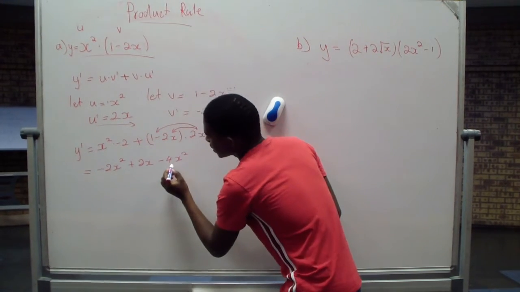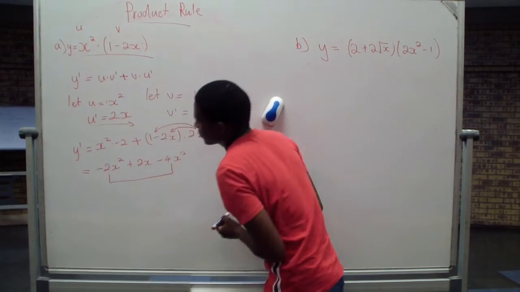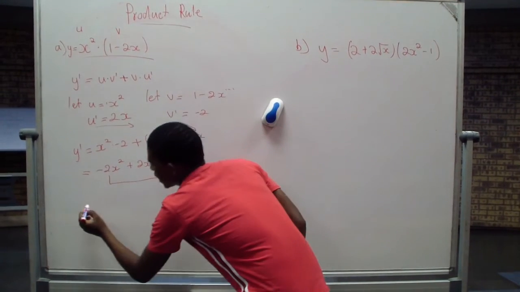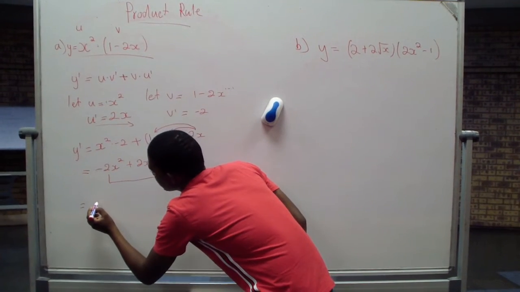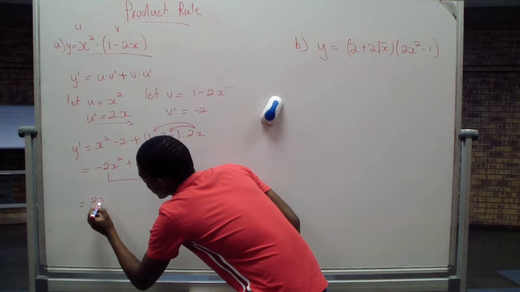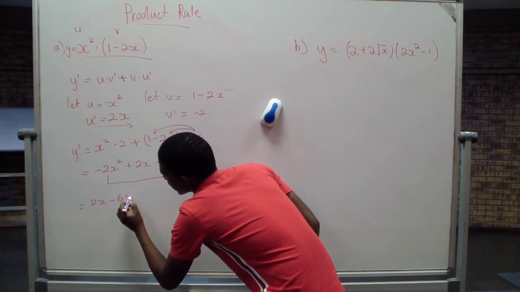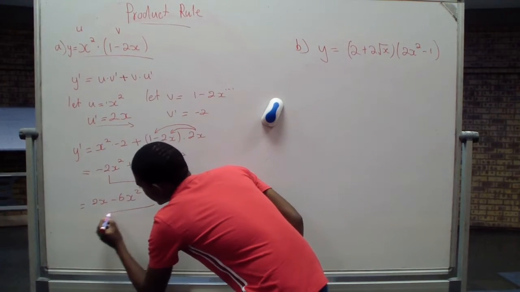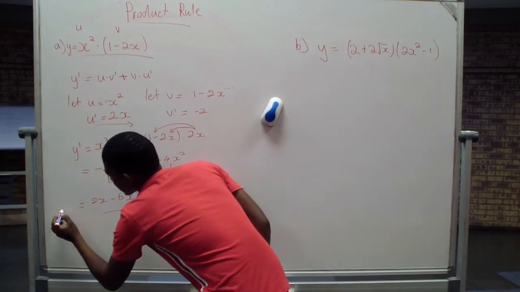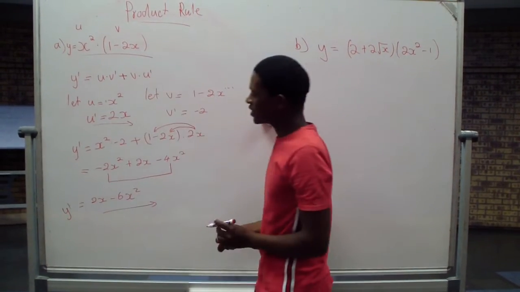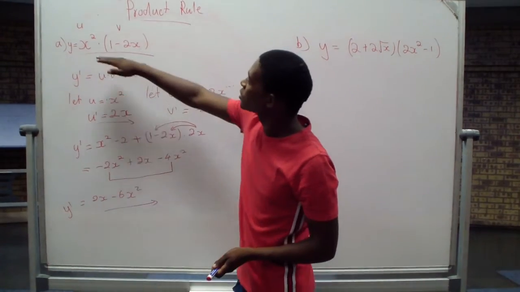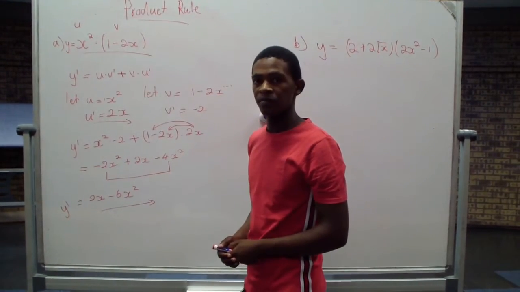Then, if you could see, here I'm having like terms. Then I can say I'm having 2x minus 6x squared. Then this is my answer. This is the derivative of the two functions.